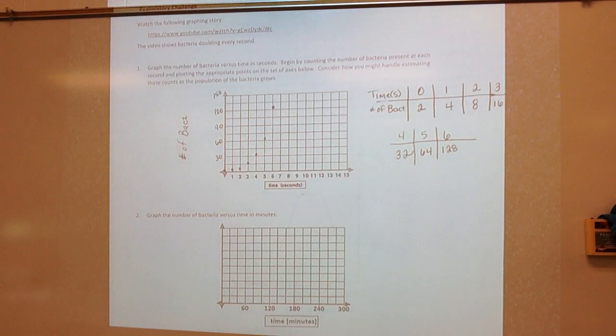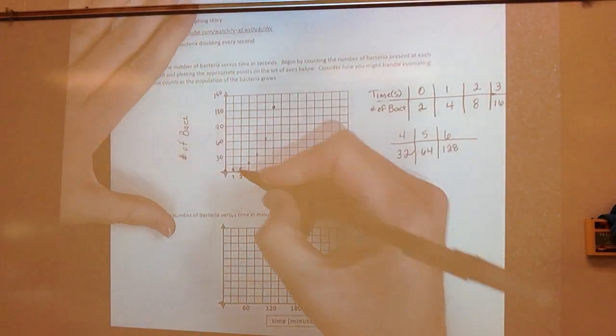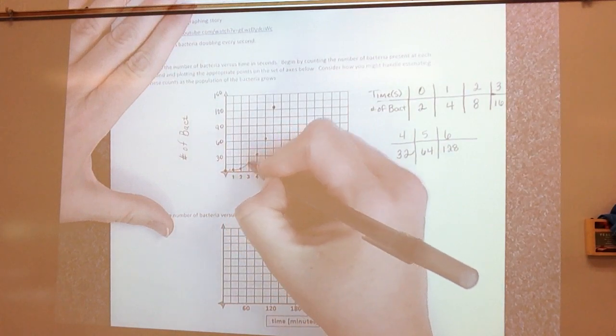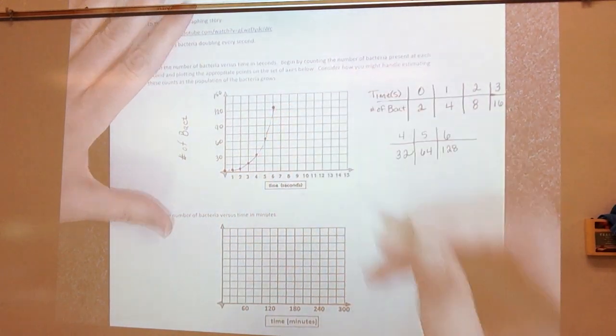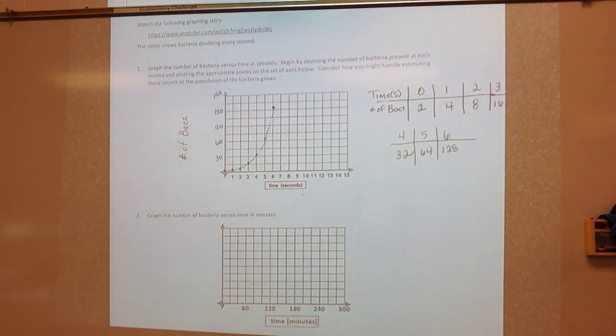All right, so will the curve ever be perfectly vertical? You guys remember vertical? Straight up and down. So here I've got my curve, and my question is, will it ever be perfectly vertical?